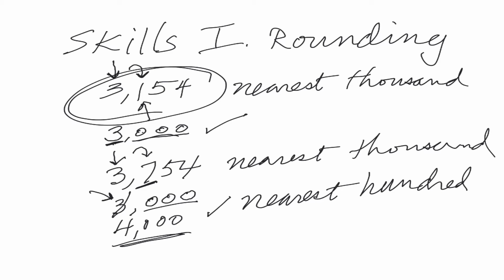So you want to zero out the rest. So the nearest 100 would be 3,100. However, we just remember that always test the next number, and if the next number is 5, 6, 7, 8, or 9, then this 1 actually has to go to the next number 2. So the nearest 100 for our example is going to be 3,200.